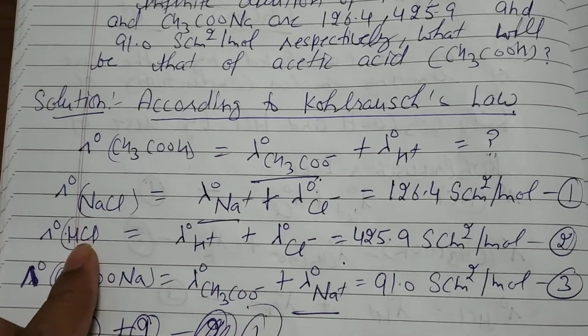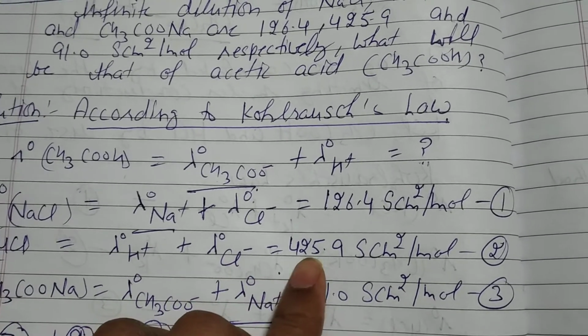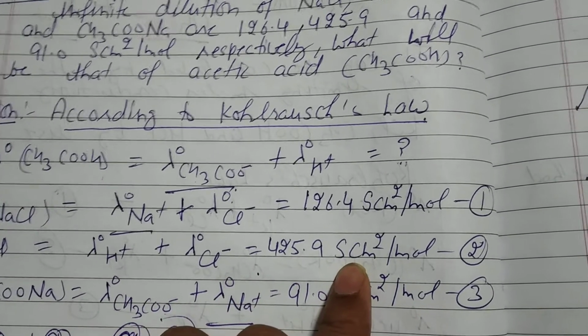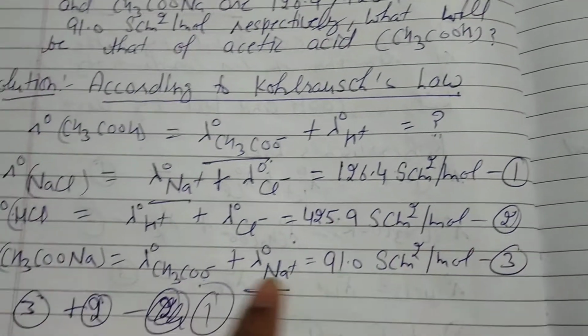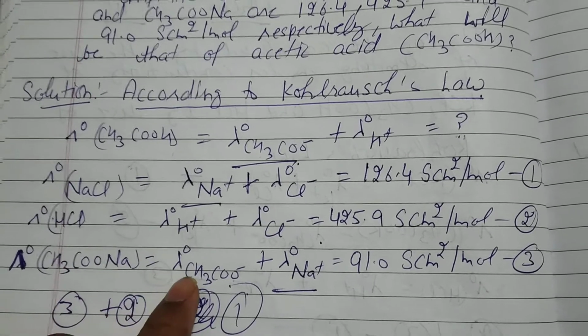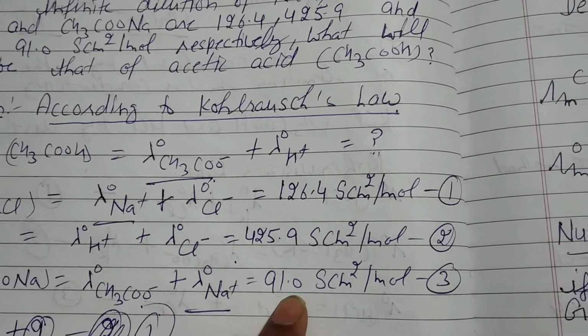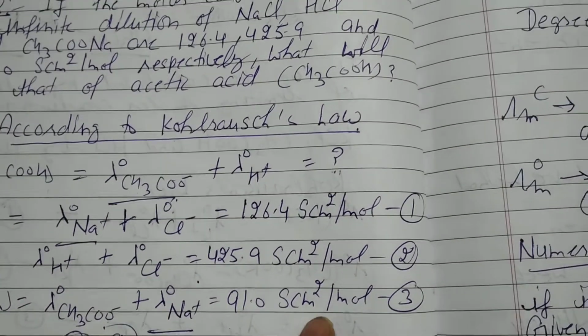Now limiting molar conductivity of HCl is equal to lambda naught H positive plus lambda naught Cl negative, equal to 425.9 Siemens centimeter square per mole. This is equation 2. Limiting molar conductivity of CH3COONa is equal to lambda naught CH3COO negative plus lambda naught Na positive, equal to 91.0 Siemens centimeter square per mole.